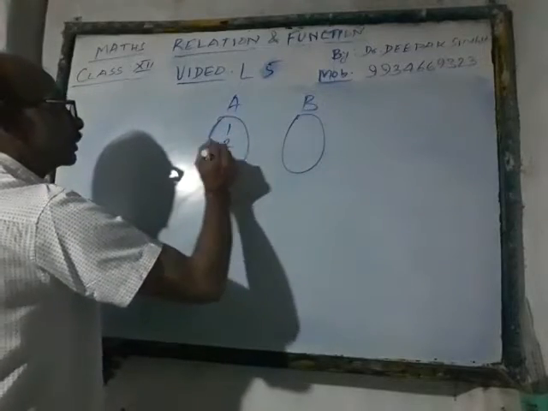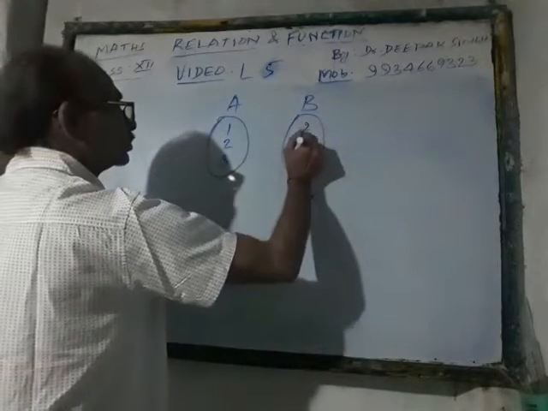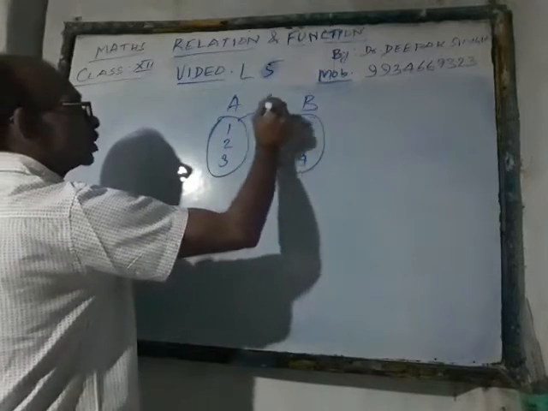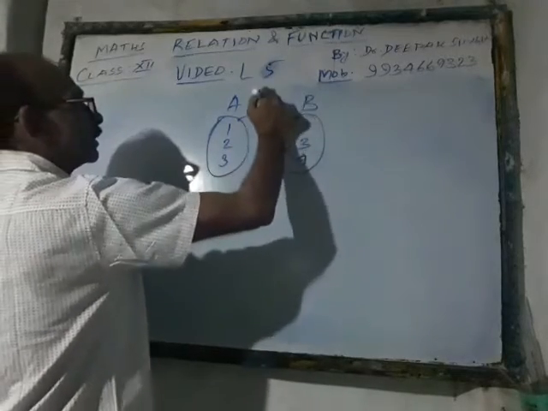1, 2, 3. This is 2, 3 and 4. Now I just say here R is there.